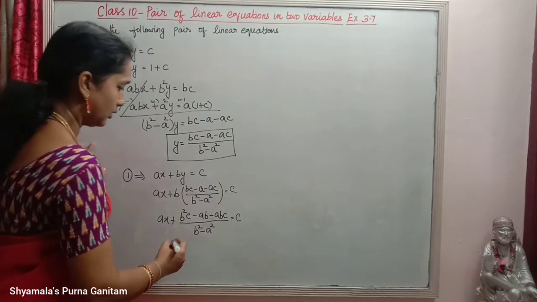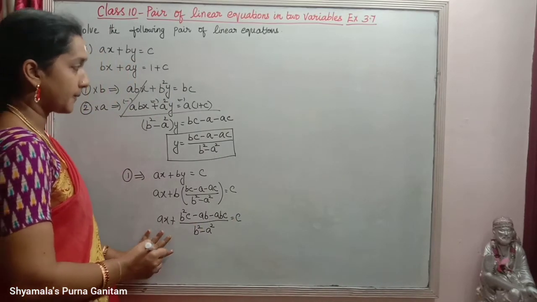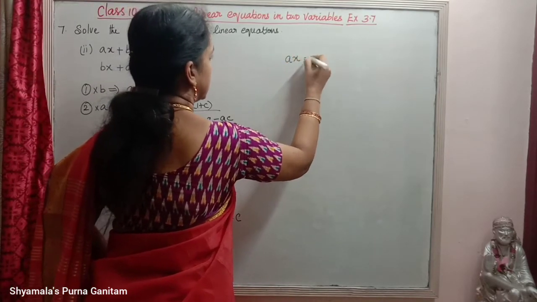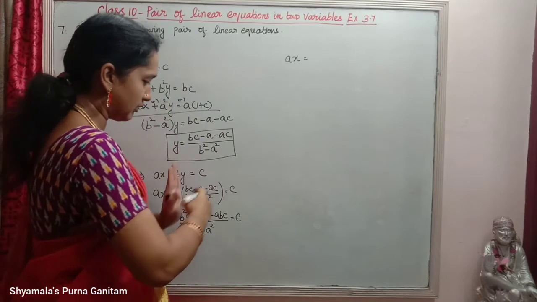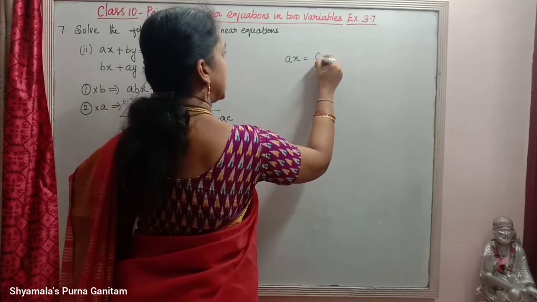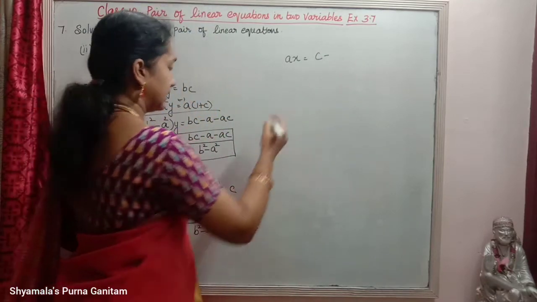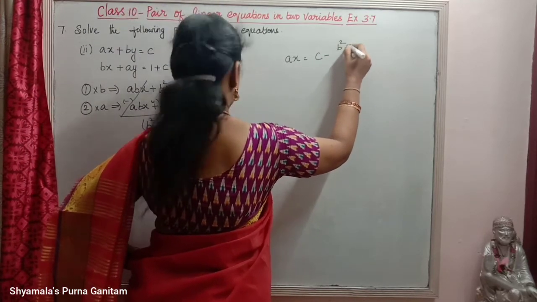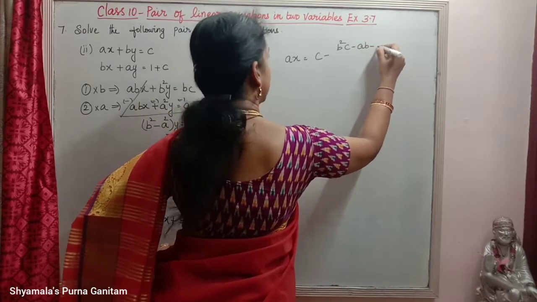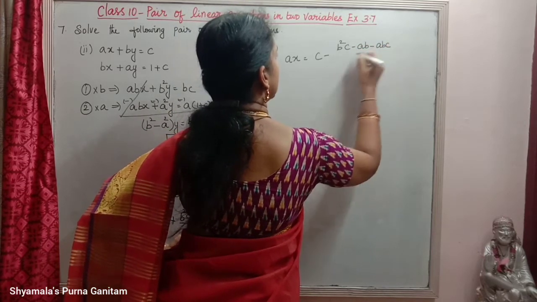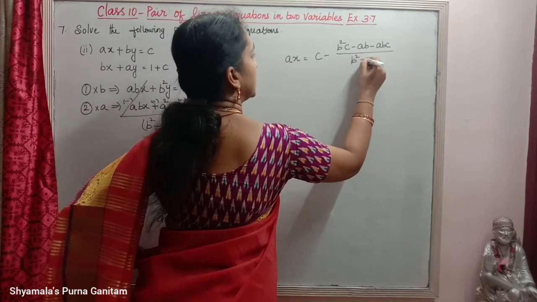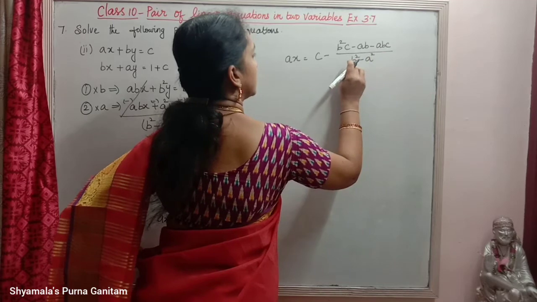Okay, so this has to be simplified. So ax is equal to, the whole thing I will bring to that side, c minus b squared c minus ab minus abc divided by b squared minus a squared.